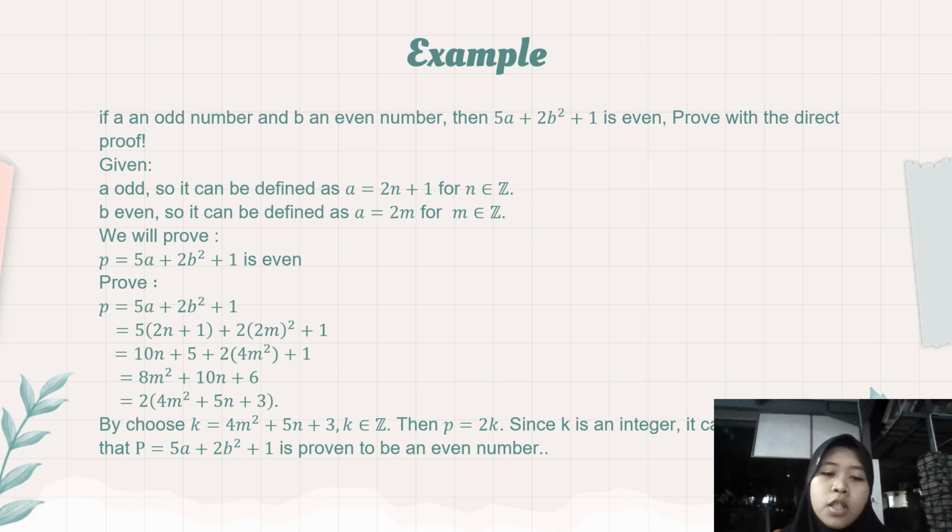We do the operation, so we get 2 times (4m squared + 5n + 3). Just let k equal 4m squared plus 5n plus 3 for k an element of the integers, then P equals 2k. Since k is an integer, it can be concluded that P equals (5A + 2B)^2 + 1 is proven to be an even number.